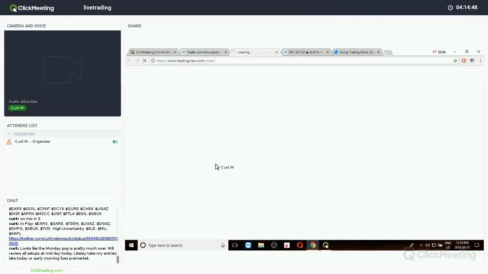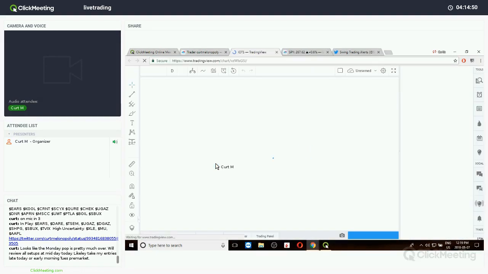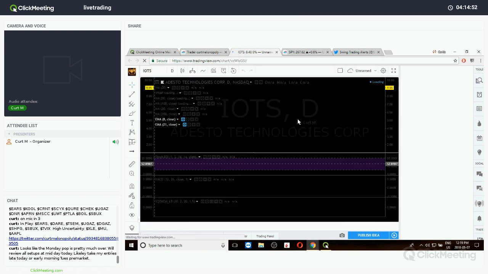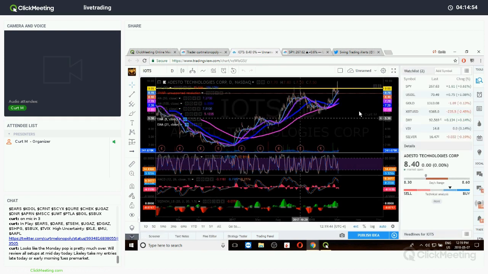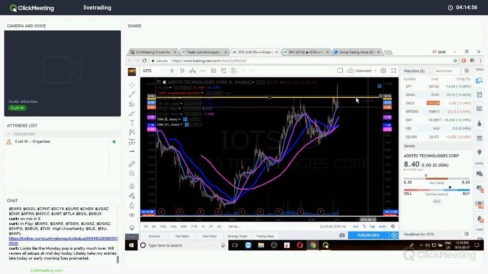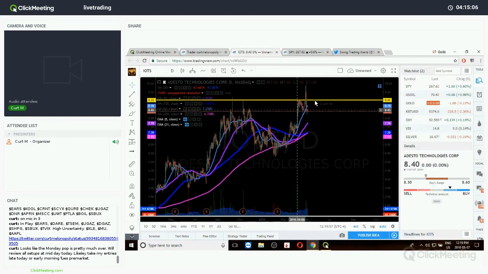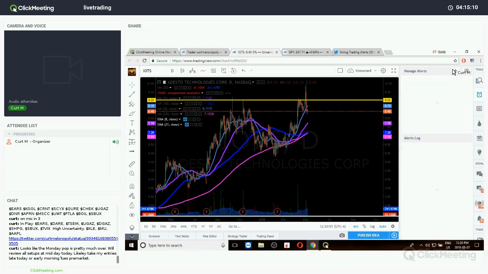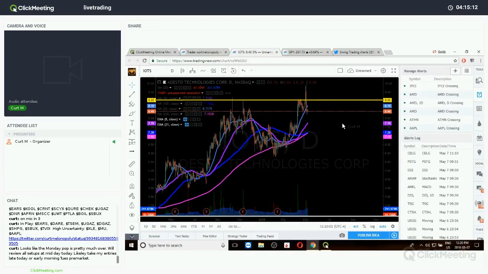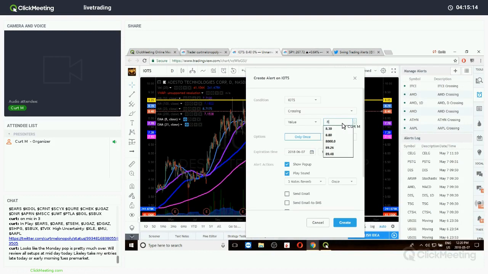IOTS, so this is an aggressive bullish breakout play that I've been alerting. It's got a pivot right in around 905. It's trading 840 today. It popped up and then it lost it. I didn't go long. I'm waiting for it to prove. So we'll see if it gets up there. If it doesn't, it's actually probably a fairly good short down to the 200 MA.